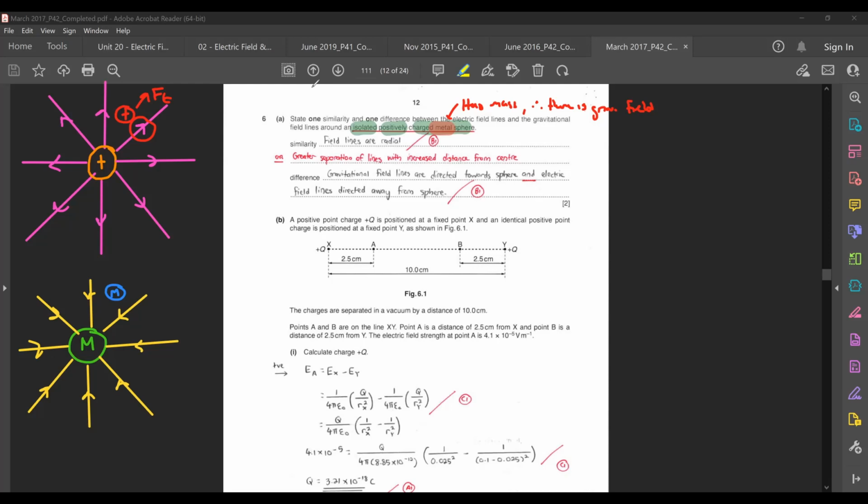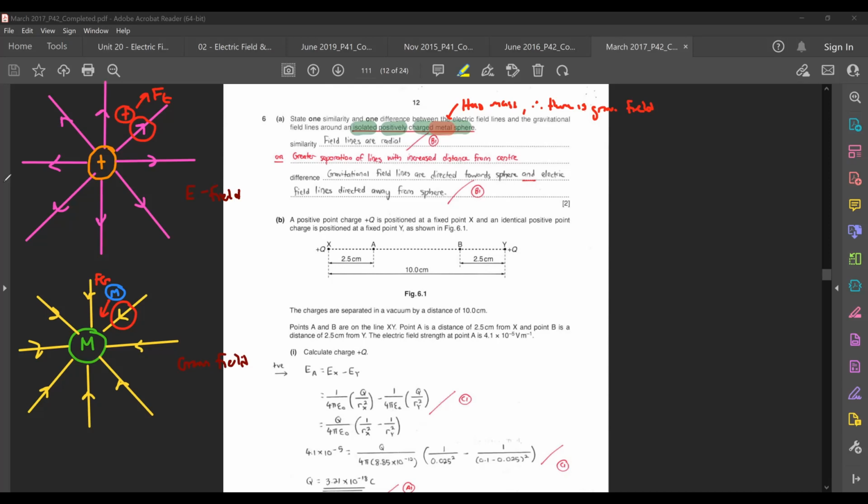The direction of your gravitational force on your test mass is the direction of your gravitational field. Okay, so this is basically your E field. This is actually your gravitational field.